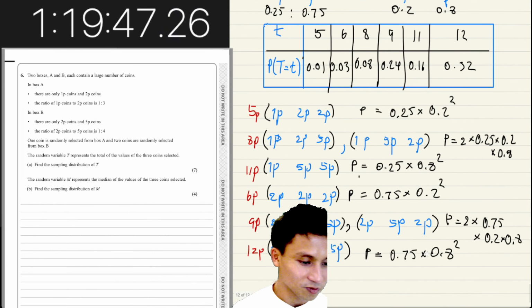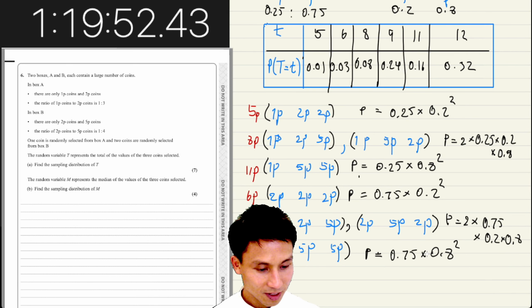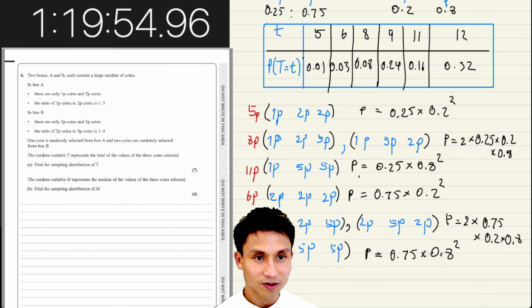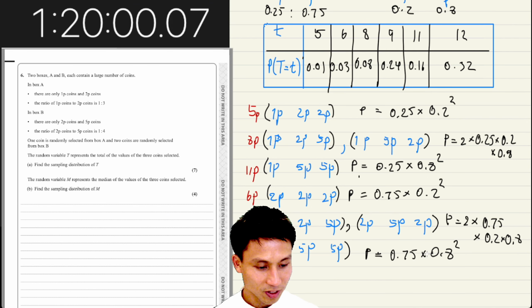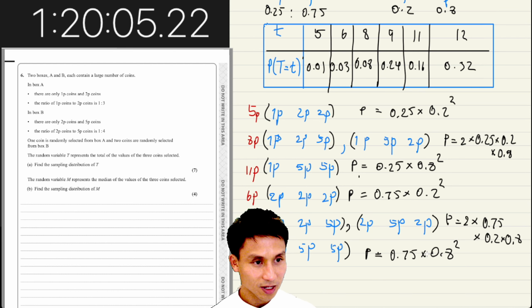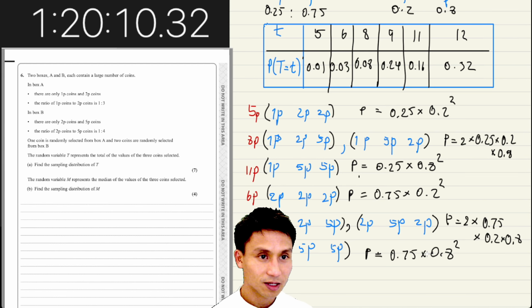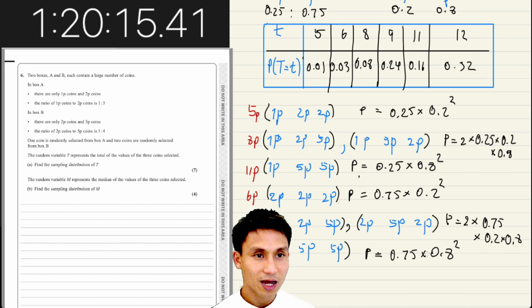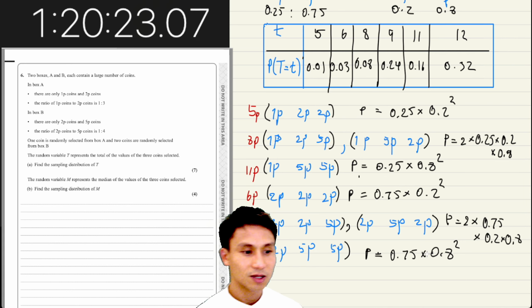There must be something wrong with my calculation here. Let me check that. I must have put something wrong. Okay, that's the 5 pence done. The 6 pence, 0.75 times 0.2 squared. That's not wrong. The 8 pence, 2 times 0.25 times 0.2 times 0.8, 0.08. That's still okay. The 9 pence, 2 times 0.75 times 0.2 times 0.8, 0.24.